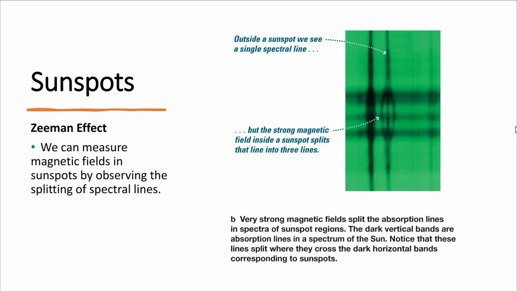And that spin will align with the magnetic field. And so by seeing this line splitting into three, we can infer that there's a very strong magnetic field in that region of the sun. So the Zeeman effect is one of the ways that we know that there are strong magnetic fields associated with sunspots.